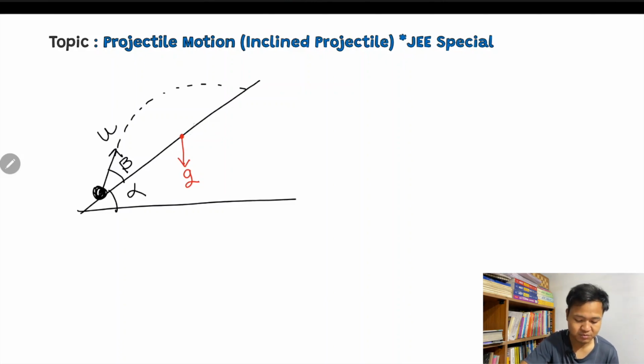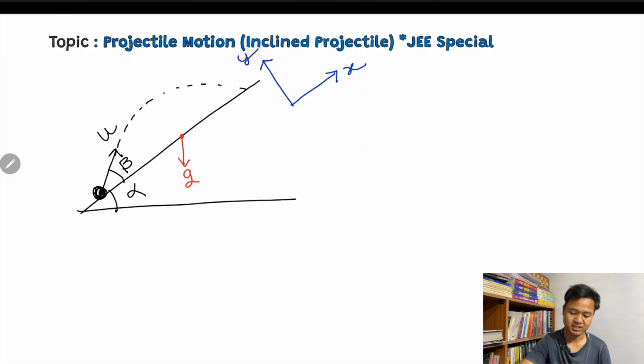So here I'm going to split. Whenever you have an inclined plane, your x and y axes will also rotate. The x is along the incline, and y is perpendicular to the incline. So your x-y coordinate is like this. Here g is neither along x nor y, so you have to take components of g.